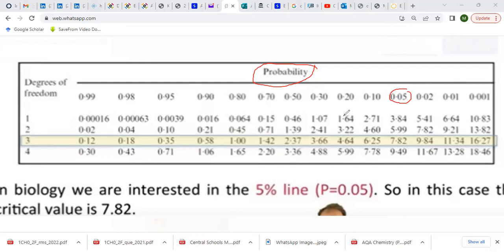Now, next thing is, how many traits were there in the data? There were 4. What were they? Yellow round, yellow wrinkled, green round, green wrinkled. There were 4, yes? So what is the degree of freedom?